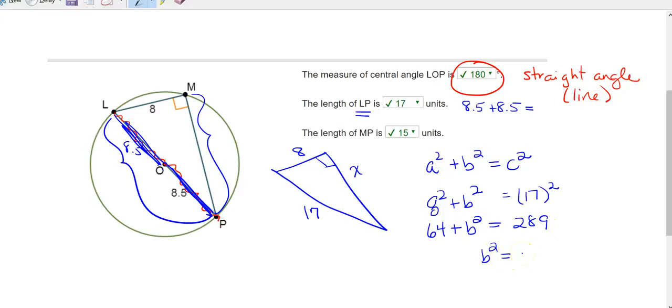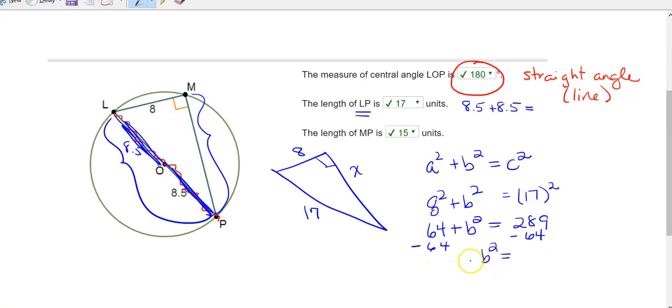So what would b squared be? How do I find b squared? You want to take 289 and you want to subtract 64 from both sides.